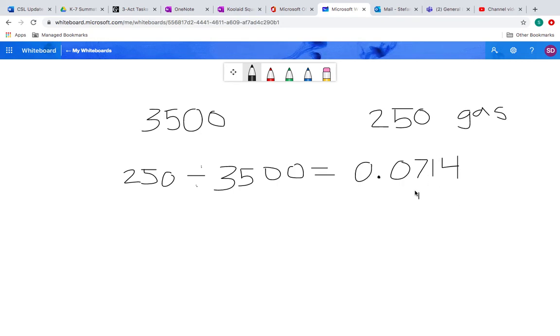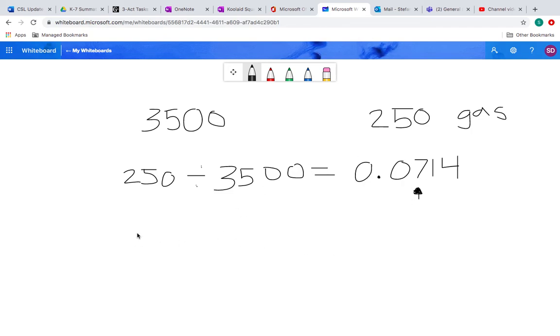Now what we're going to do is we want to round it to the nearest hundredths. So that would be this number right here is our hundredths, because remember, a percentage only is per 100. So we can only go to hundredths. We can't go to thousandths or so forth. So we see next to the 7 is a 1, so we can keep it as 0.07.